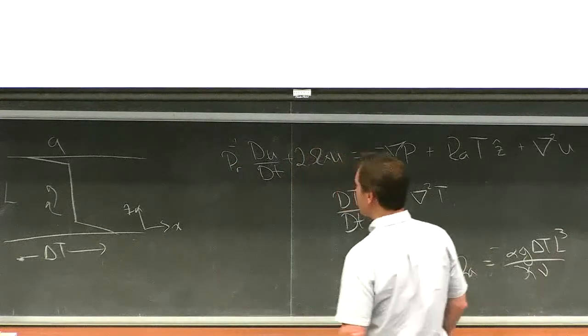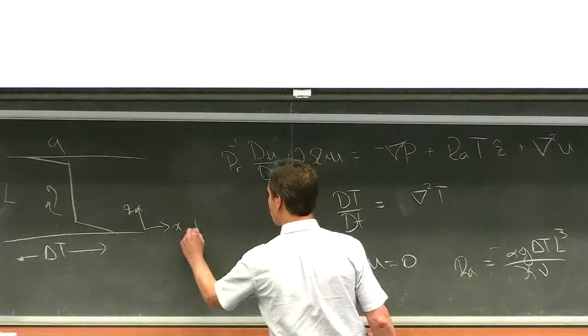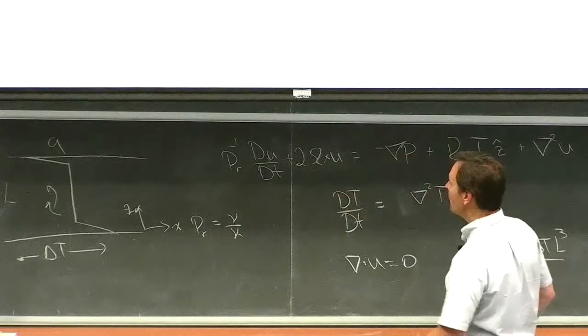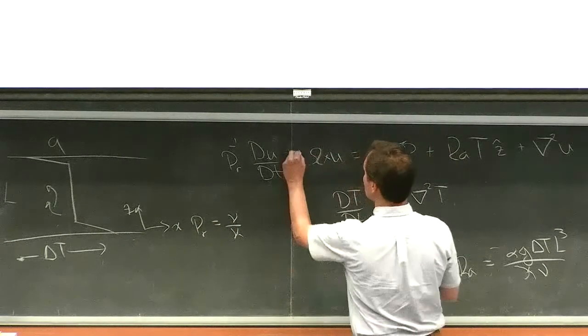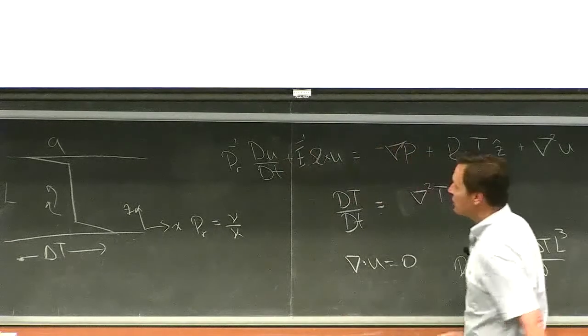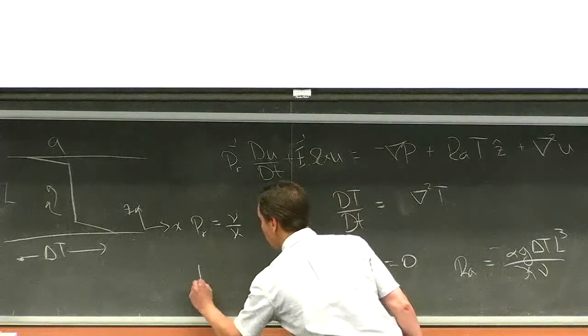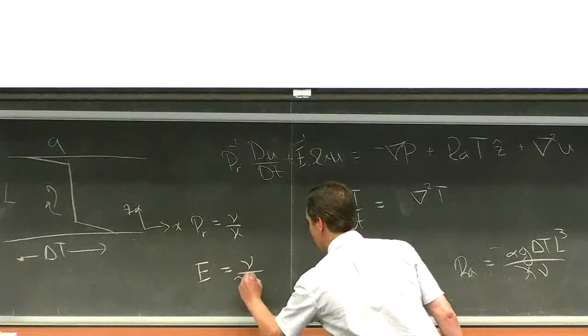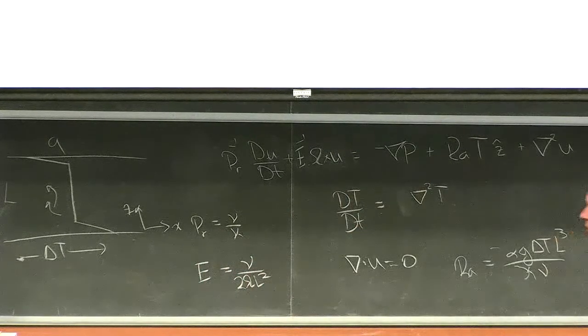I would have the inverse of a Prandtl number, and the Prandtl number is the viscosity divided by the thermal diffusivity. And I would introduce right here the inverse of another number, the so-called Ekman number, which is 2 omega L squared. We're going to see all of these numbers coming back up again. Now the problem is it's not so easy to figure out how the heat flux is going to vary.